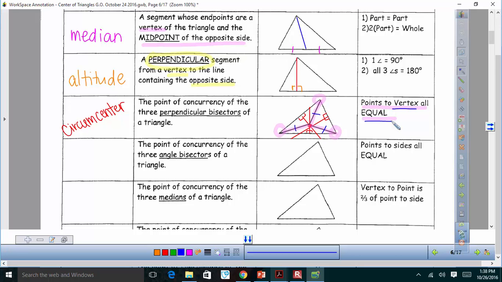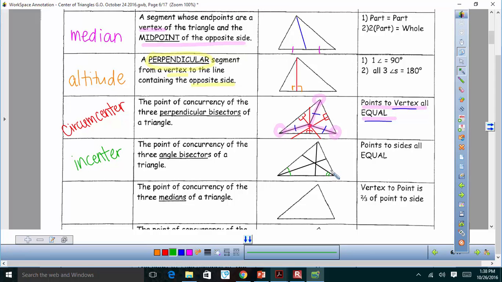Okay? What about the point of concurrency of the angle bisectors? The incenter. Very good. And so for angle bisectors, we want them to come from the angle out, so that makes this angle equal to this angle.